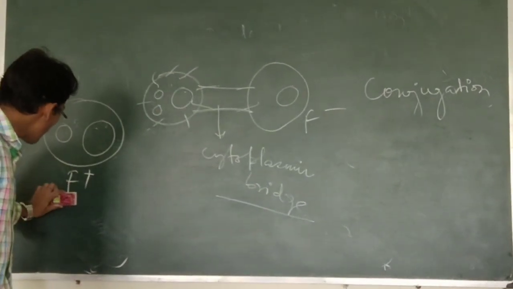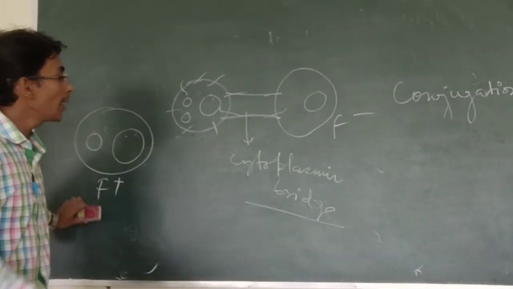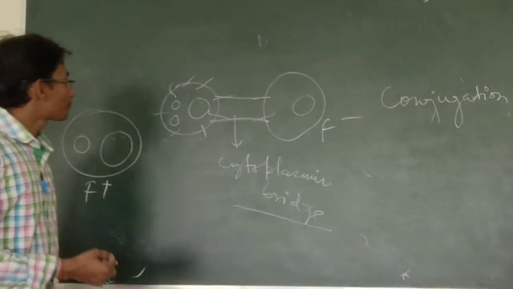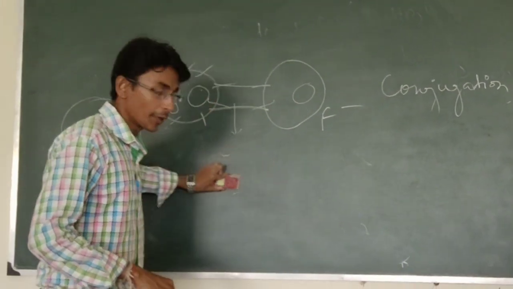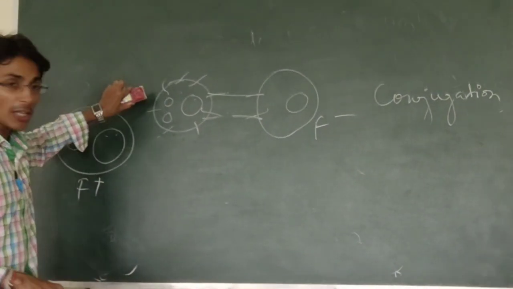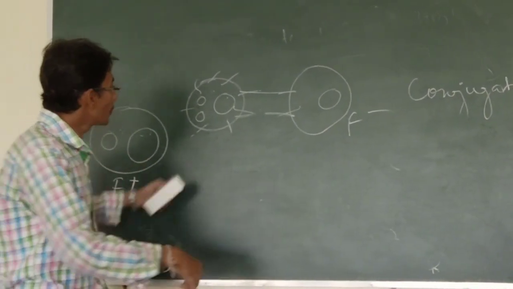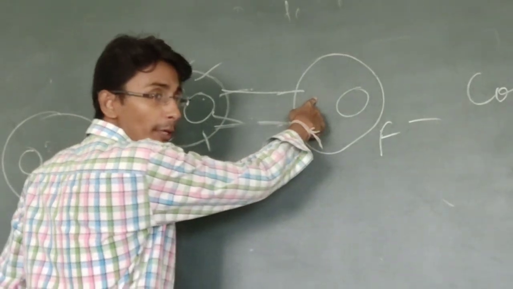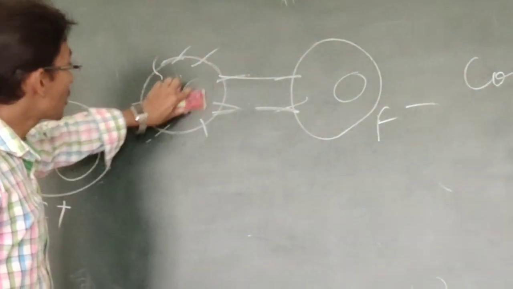So the F plus cell has the potential to donate its DNA to the recipient cell. This plasmid has the potential to donate its own structure to the recipient cell, irrespective of the bacterial genome.